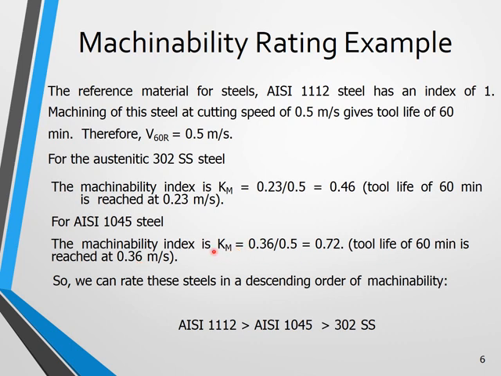So, to conclude this simple piece of analysis, we can say that the three steels can be ordered in descending order of machinability as follows: AISI 1112, which has the highest machinability because its index is 1; second, AISI 1045, because its index is 0.72; and then Austenitic 302 stainless steel, whose index comes out to be 0.46.